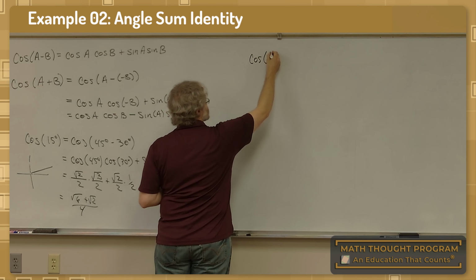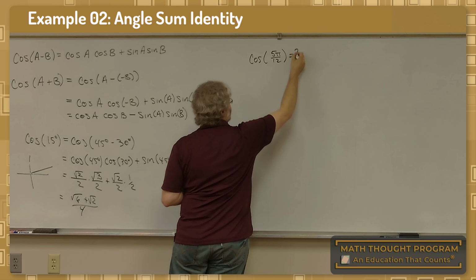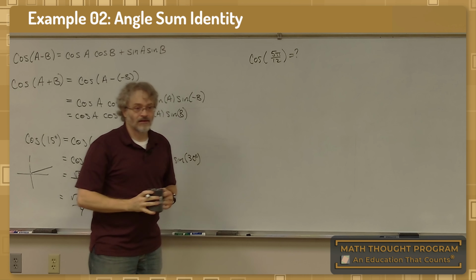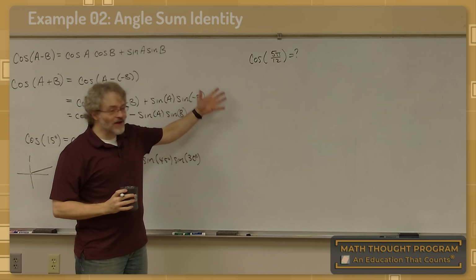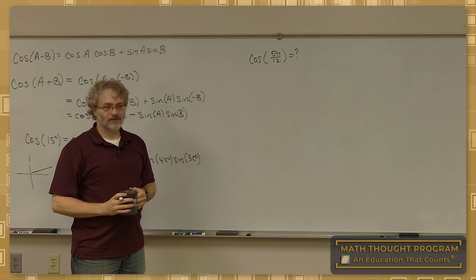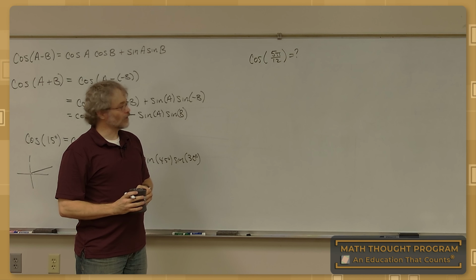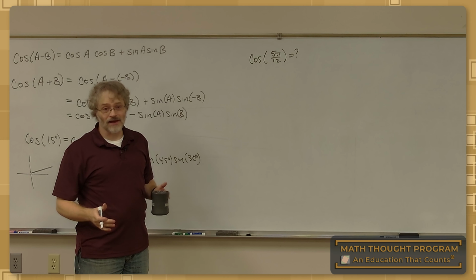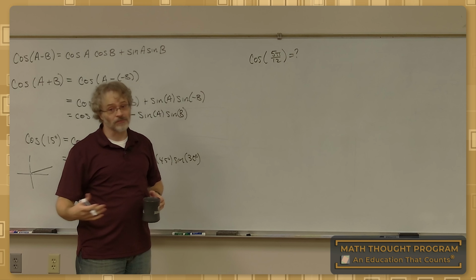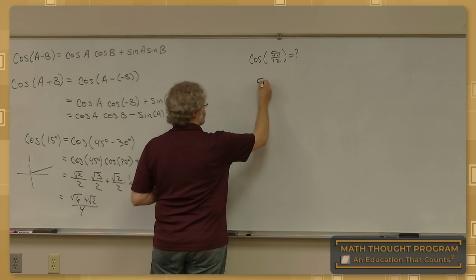Suppose you want to look at cosine of 5 pi over 12. How am I ever going to figure this thing out? Well, what I want to do is find some way somehow to build up the angle. The first question is, what really is 5 pi over 12?